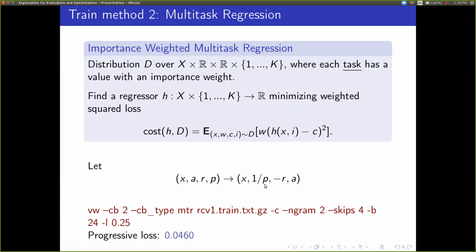Okay, yeah. But in the case of double robust, there wouldn't be any point using double robust if you have the same exploration policy as evaluation policy. Yes. If the policy that you want to evaluate is the exploration policy, then you can just compute the Monte Carlo average reward observed over time.